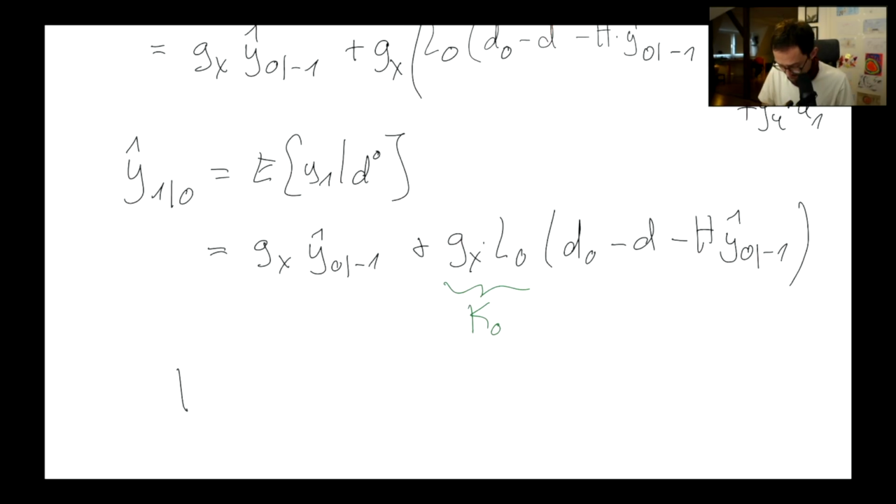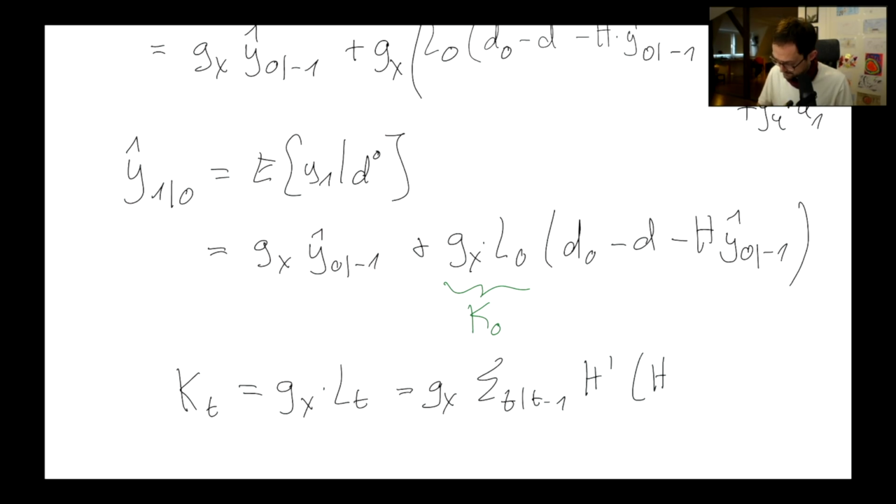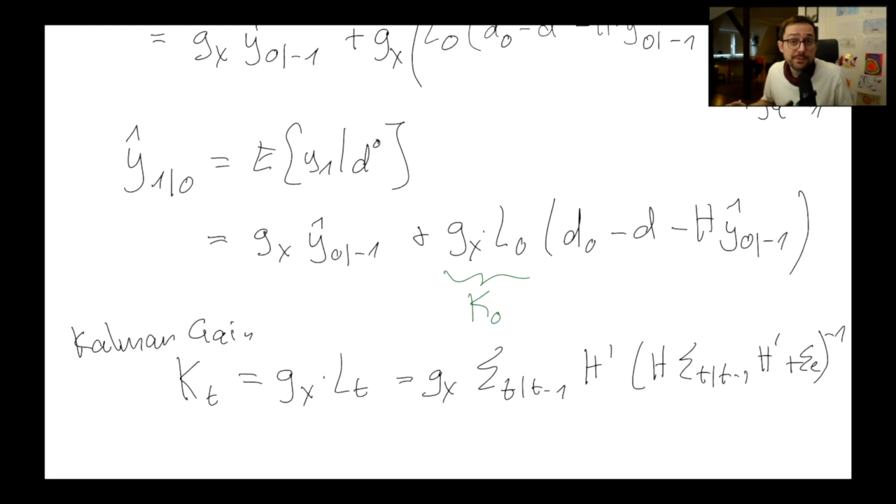And that matrix K, let's call that with a T, is Gx times L_t, which is Gx Sigma t given t minus 1 H prime, H Sigma t given t minus 1 H prime plus Sigma e, the inverse of that. That is called the Kalman gain. It determines by how much your state estimate is updated based on your previous forecast error.